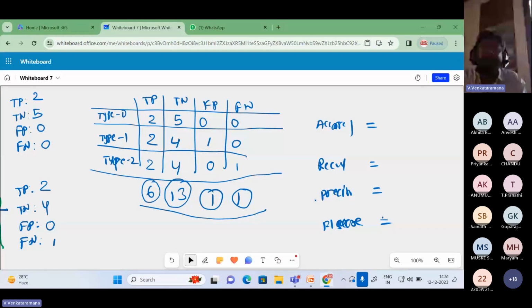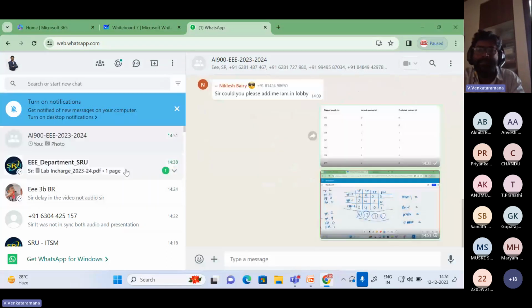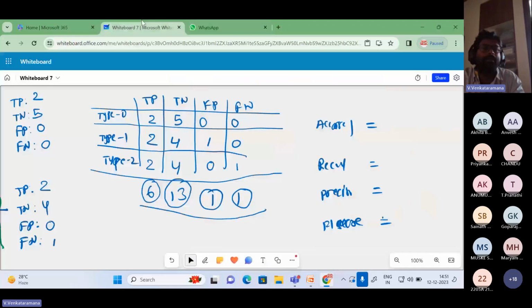And in the WhatsApp group, by seeing this data, give the accuracy, precision, recall, all the things. I already shared the formulas, but I will share them once again.